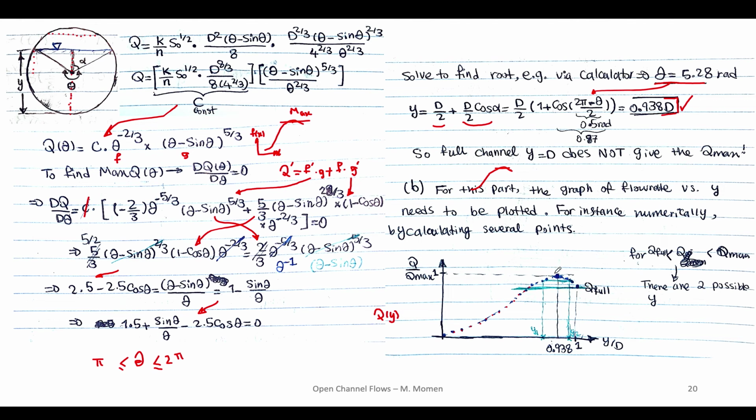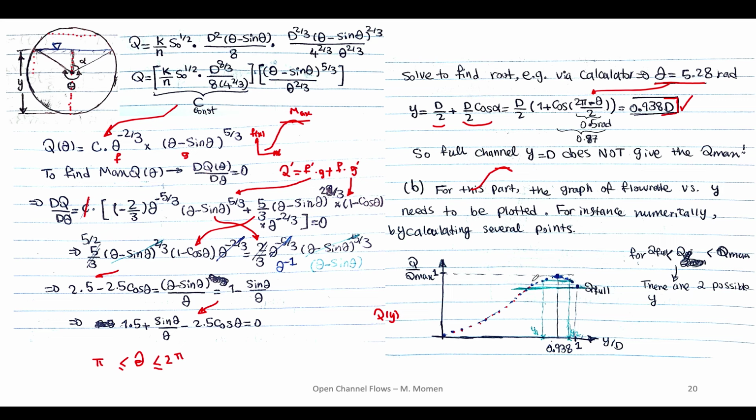And then when the channel is full, where y equals D, the Q is going to decrease a little bit. So for any flow rate between Q max and Q full channel, which is in this area, you have two possibilities for y. You have two values for y.